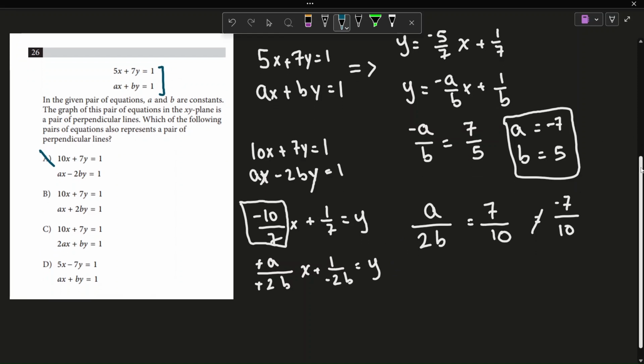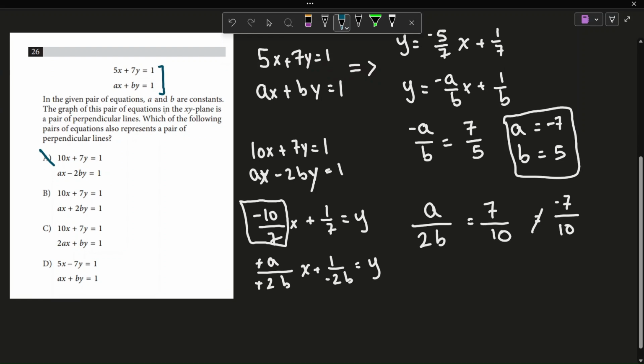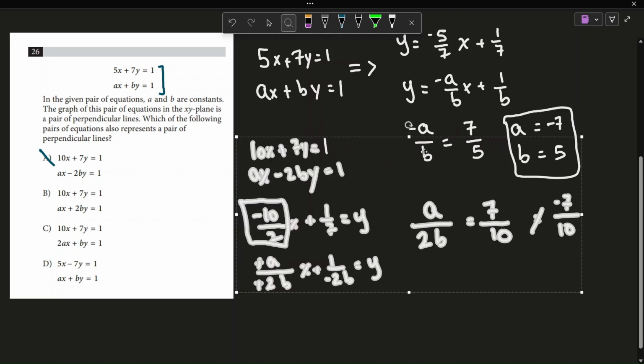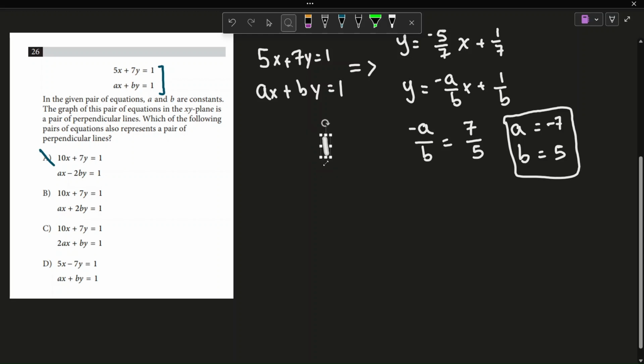Now let's do the same thing with answer choice B. Let me clear this mess real quick. When we rewrite the given system to the side, 10x plus 7y is equal to 1, and ax plus 2by equals 1.